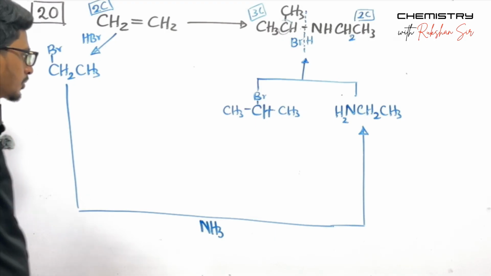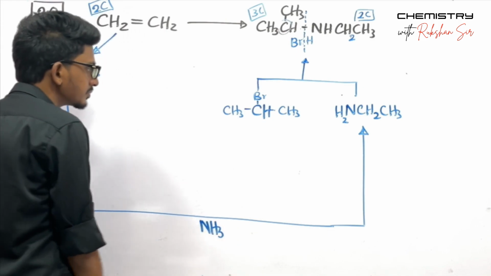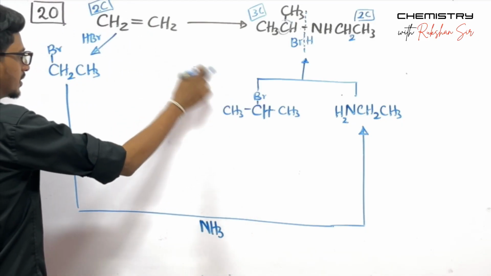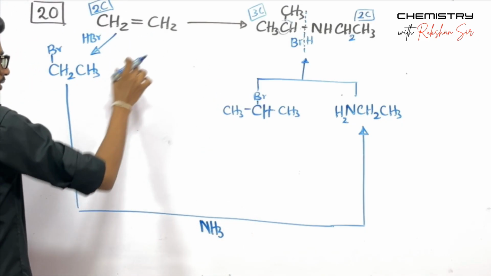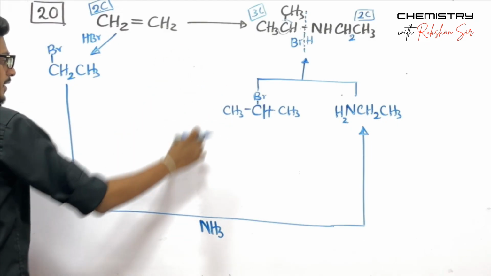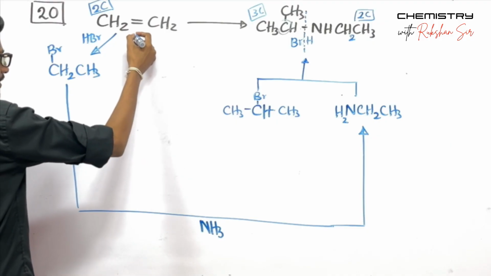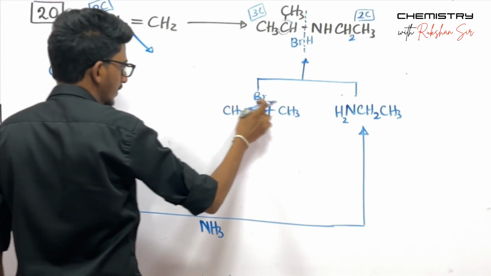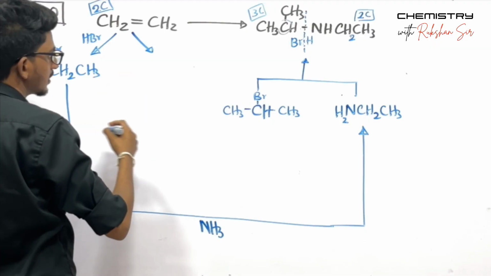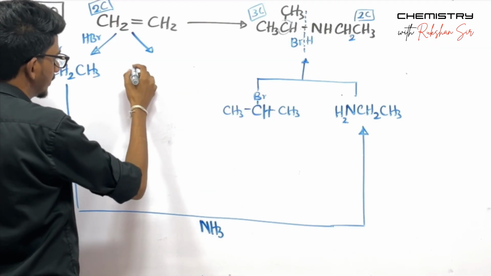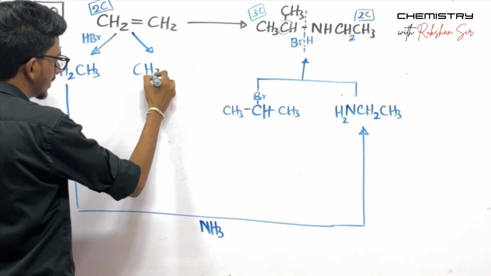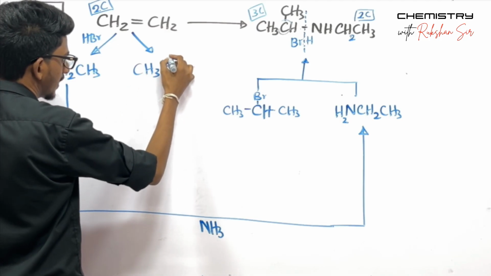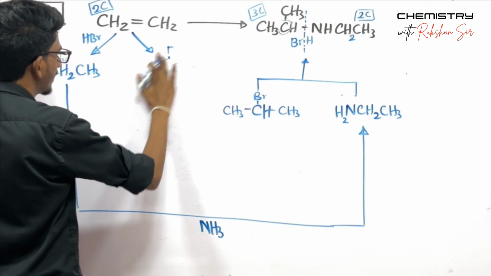Now we are supposed to form this one. This is a 3-carbon compound. So from a 2-carbon compound, we need to make a 3-carbon compound. We can follow the cyanide method or the HCHO method. Let's follow the cyanide method to introduce the new carbon. To bring in a cyanide, first you need an alkyl halide or an aldehyde or a ketone. So let's copy the alkyl halide. The same alkyl halide can be used.